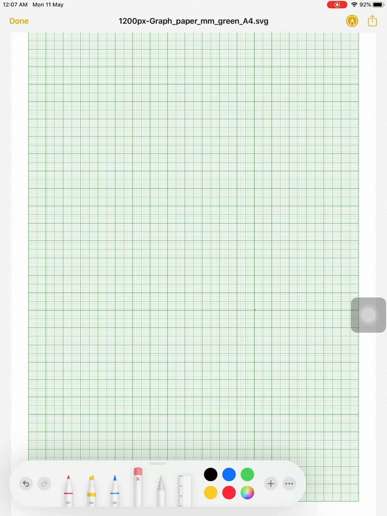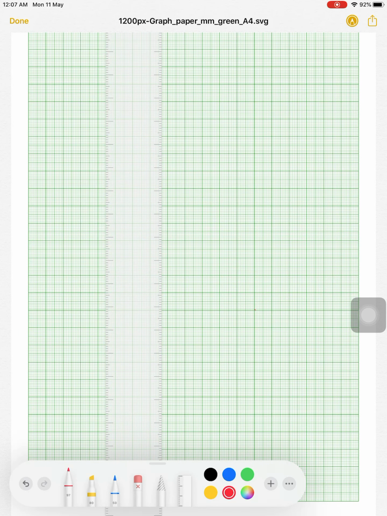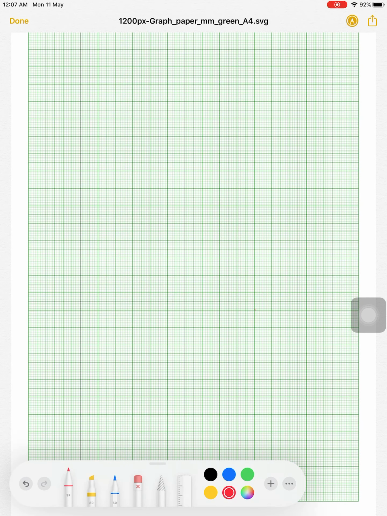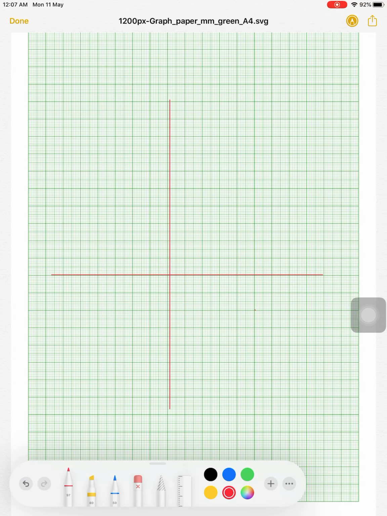Now we shall think of another type of equation. What are the equations that are parallel to the x-axis and equations parallel to the y-axis? Now let me draw the axis again. I have drawn the axis again.